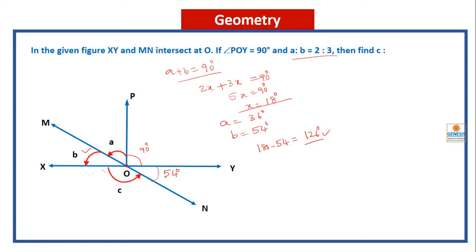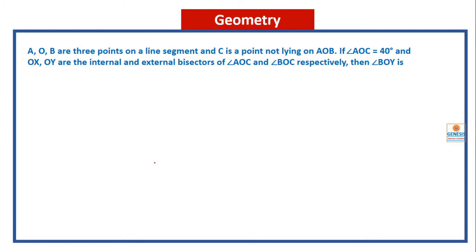Okay. Next one is: A, O, B are three points on a line segment. So I will draw this one, line segment.